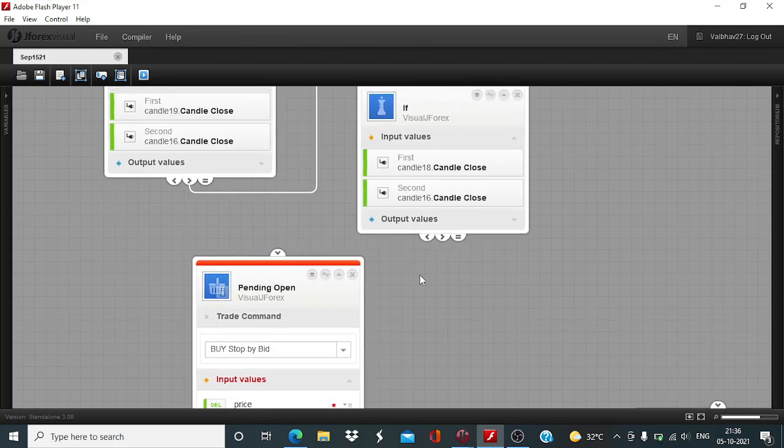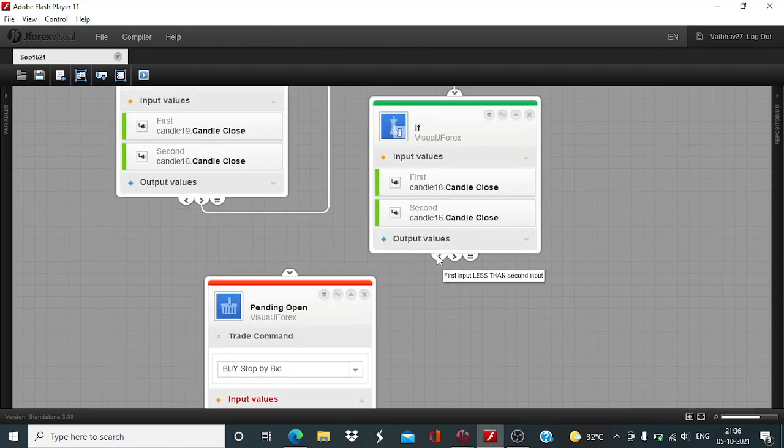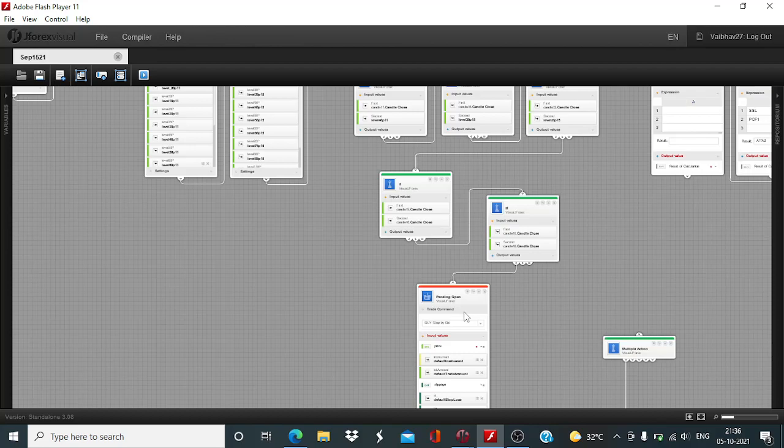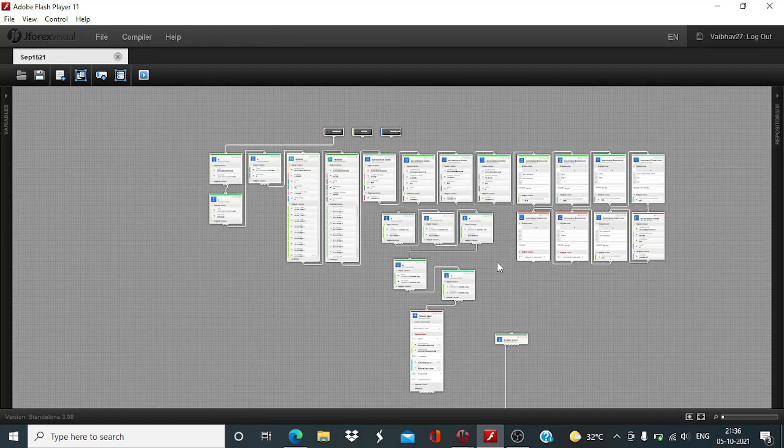Candle 18 candle close needs to be less, so first input less than second input. Okay, so we have defined these conditions for the execution of the sell trade.